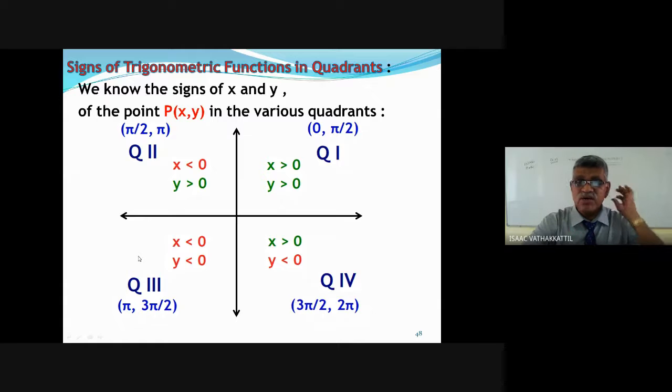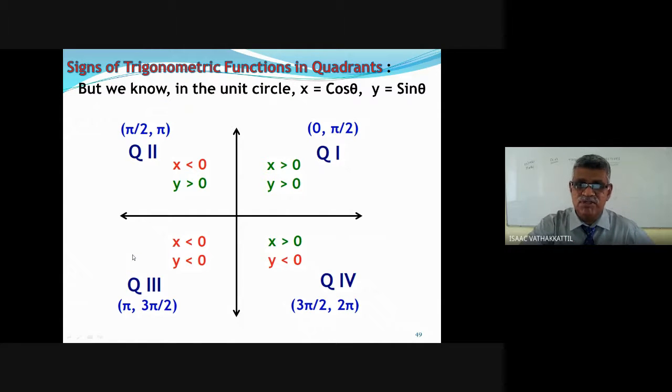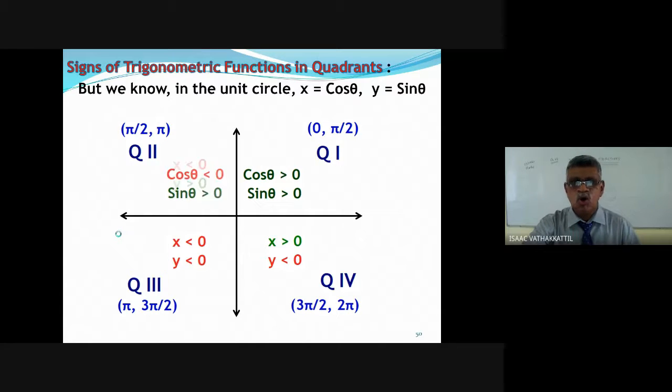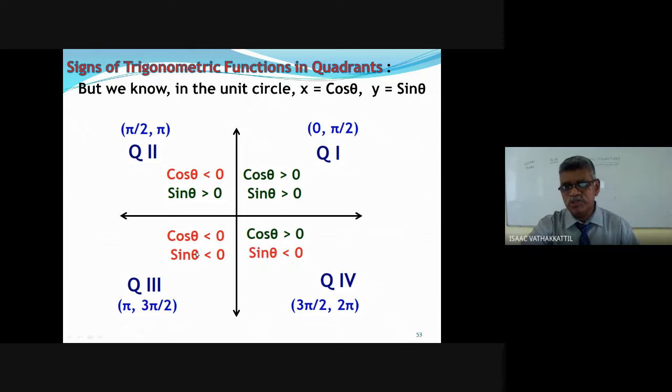But we know x equals cos theta and y equals sin theta. So in quadrant 1, both cos theta and sin theta are positive. In quadrant 2, cos theta is negative, sin theta is positive. In quadrant 3, both cos theta and sin theta are negative. In quadrant 4, cos theta is positive, sin theta is negative.